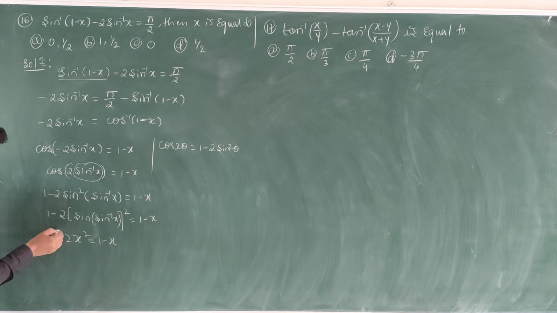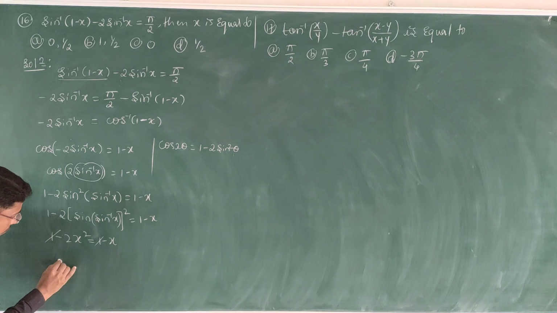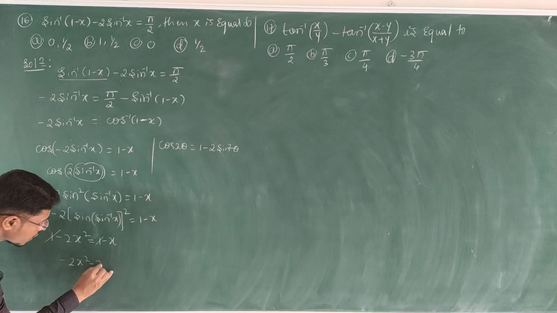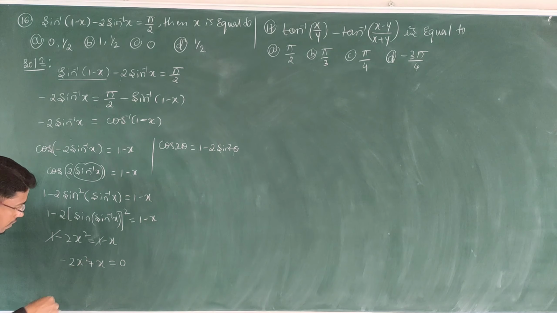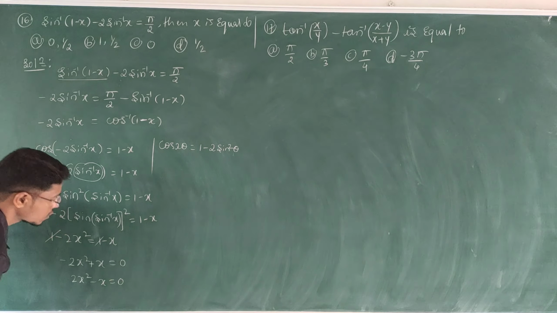The 1 cancels, so minus 2x square equals minus x. Taking this to the other side, 2x square minus x equals 0 is the equation.